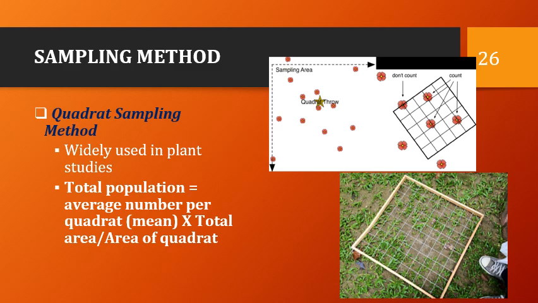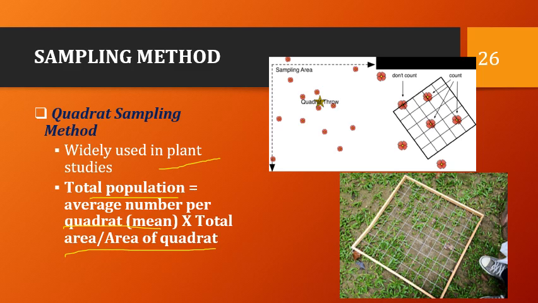Okay, we have total population is equal to the average number per quadrant, which is the mean, times the total area of the quadrant. Okay, so it is widely used in plant studies because of course it's really hard to count the numbers of grasses. That's why we could actually measure the number of population in a particular location by simply doing this.